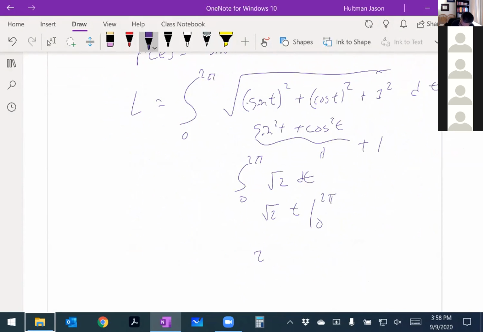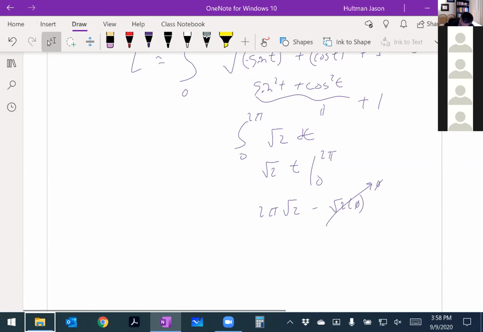So this is 2 pi radical 2, or we'll put the 2 pi in front. This is 2 pi radical 2 minus radical 2 times 0, which goes to 0. So this just becomes 2 pi radical 2. That's the arc length there.